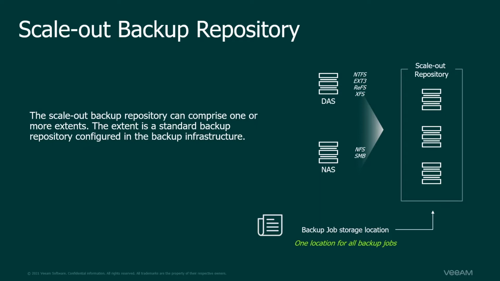So the scale-out backup repository can be used, and just a small recap: direct attached storage with NTFS, ext3 or ReFS or XFS, and also a NAS system exported as NFS or SMB. All those normal repositories will go together in the scale-out backup repository, and you get one backup job storage location. We have other videos that explain more in depth about our scale-out backup repository, but just a small recap.